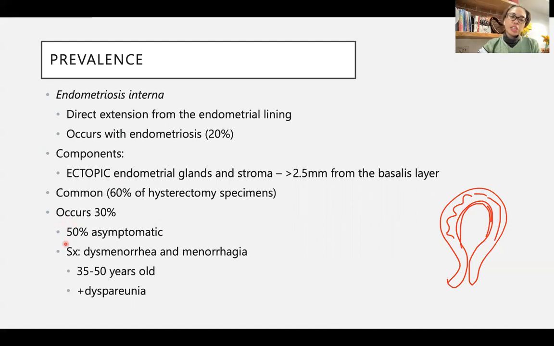Surprisingly, 50% of these isolated adenomyosis cases are asymptomatic, unless, again, it occurs with other conditions. The most common presentations are dysmenorrhea and menorrhagia. This is more common among 35 to 50 year olds. In fact, dyspareunia can also occur. It can be deep and in the midline.